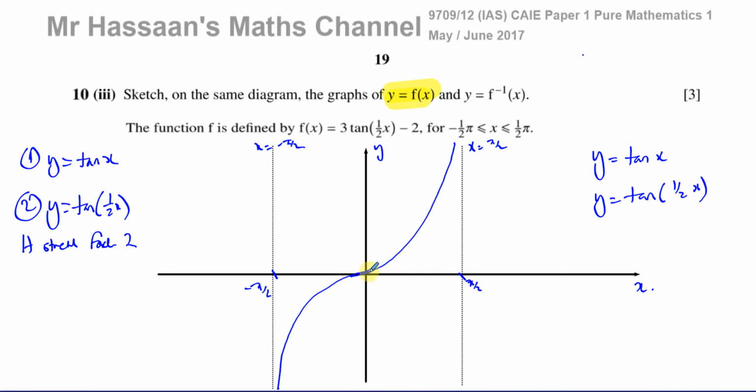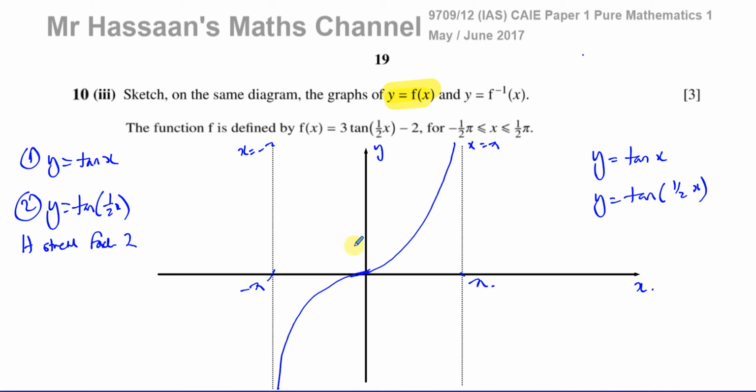So to make it a bit easier, instead of pi over 2, it's going to stretch horizontally, but to make it easier to draw, I'm just going to change the values of this. This now becomes minus pi, and this becomes plus pi, because the asymptote has now moved twice as far away, x being stretched horizontally by a factor of 2.